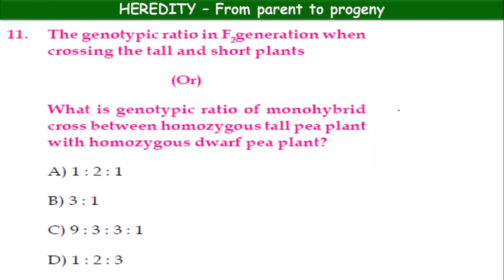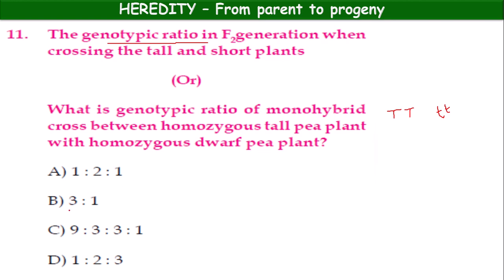Okay. Homozygous means, so the cross between homozygous tall and homozygous dwarf plant, small t, small t. Okay. What is the genotypic ratio of monohybrid cross?